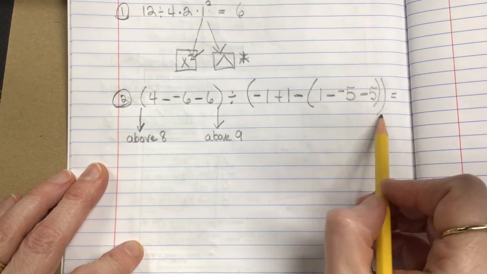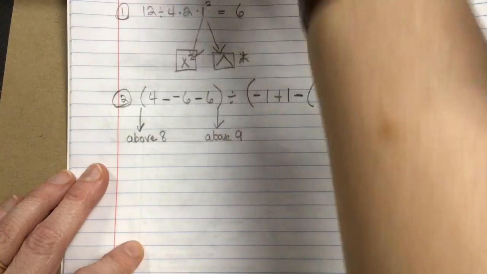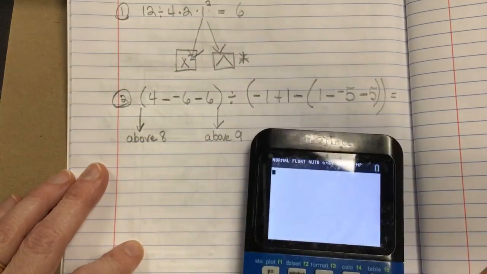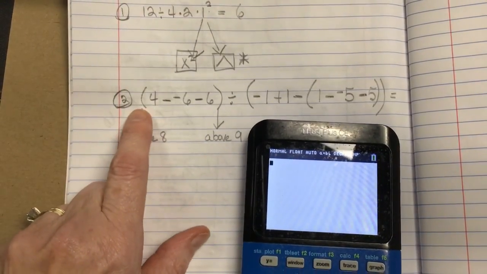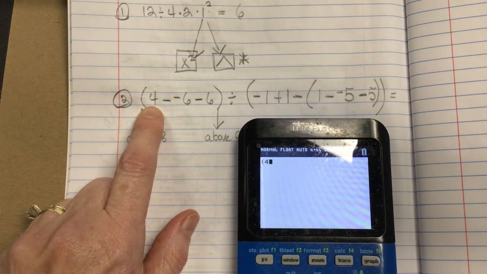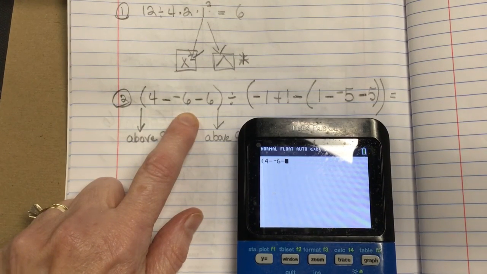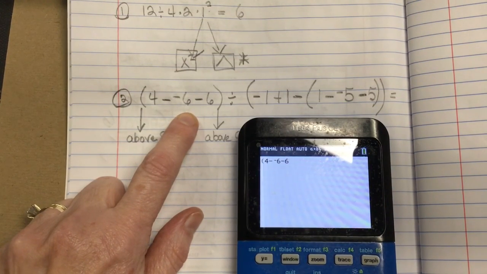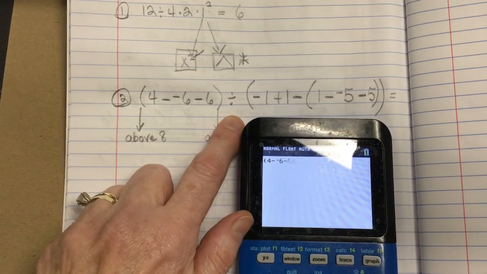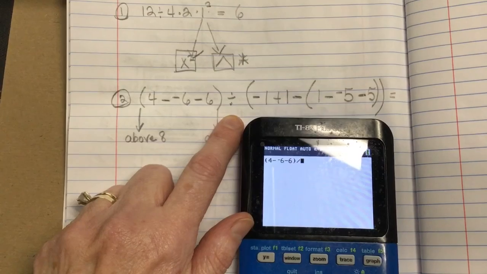You will have to close both of those. So you'll have to do close parentheses, close parentheses. I'll type it too, because y'all look like you might be a little worried about it. So open parentheses, 4 minus negative 6 minus, if you just say the words to yourself as you're doing it, and then the divided. Now, it's not going to put the division, it's going to put the bar, but it still knows it's division.